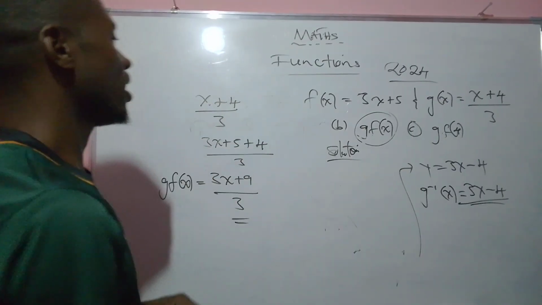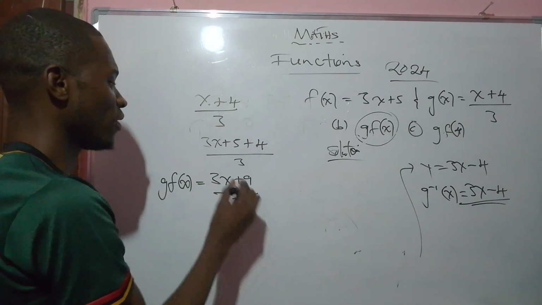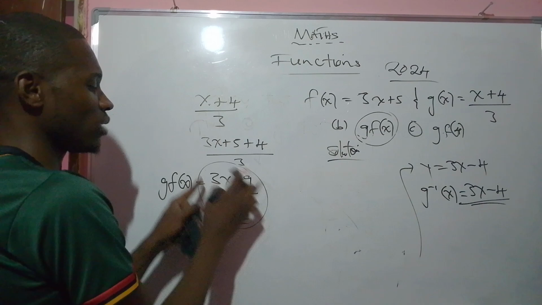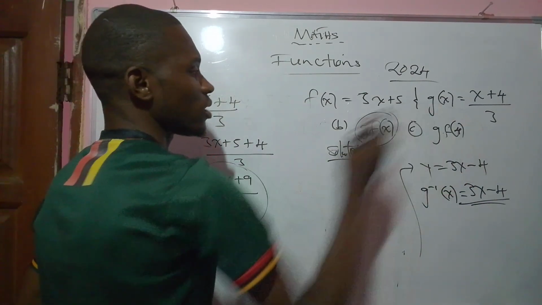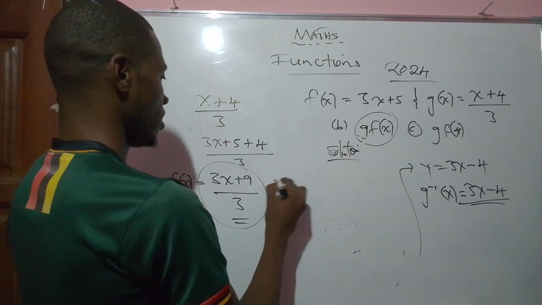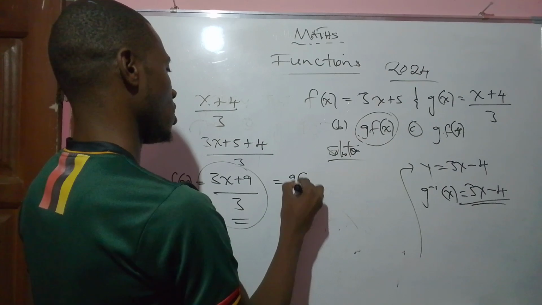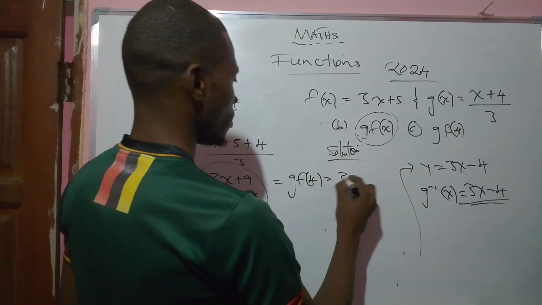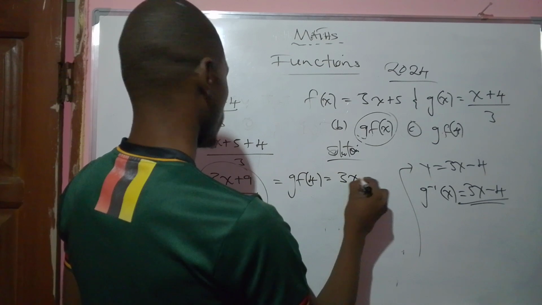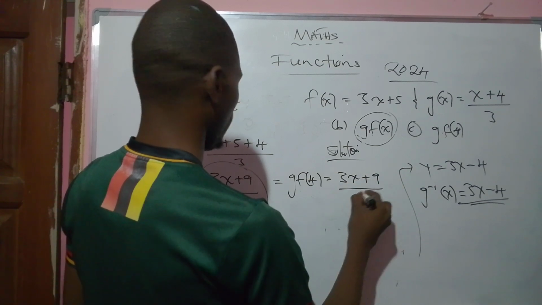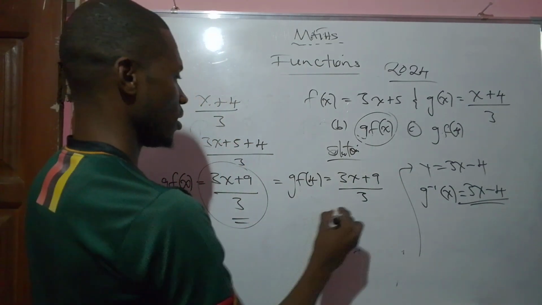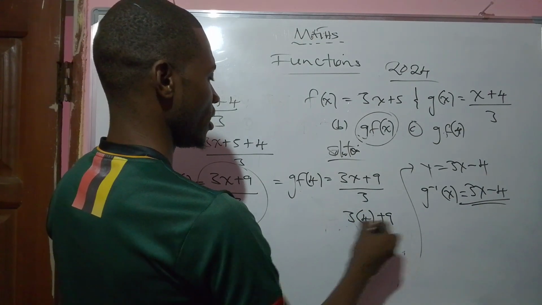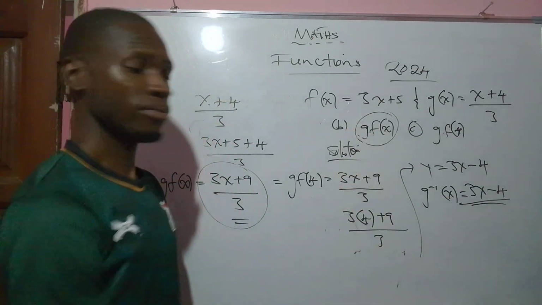So there is no need again to start looking for this. We have already this part. So we're going to use this part, and where there is x, we introduce now 4. So we'll say gf of 4 is equal to (3x plus 9) over 3. Then 3 open bracket, we'll put now 4, plus 9, over 3.